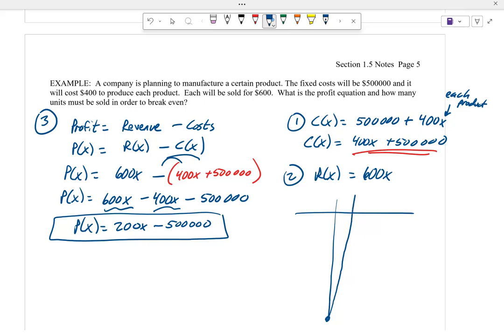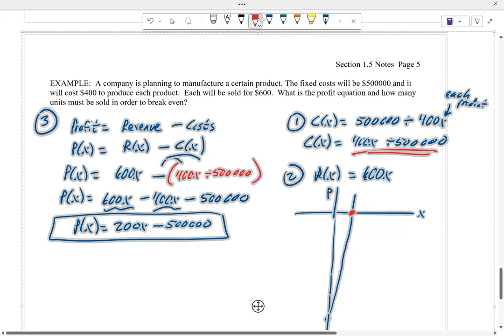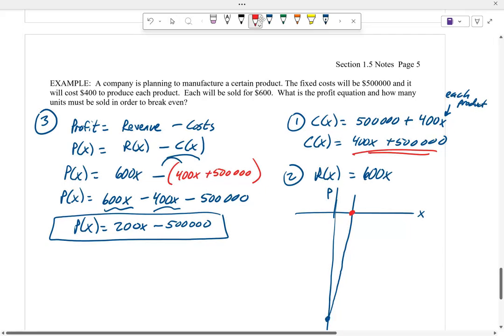This is x, this is our profit, P, profit is our y-axis, our vertical axis, right? We want to know this break-even point, right? We're running negative for a while until we sell so many of them, right? Well, what's our y value right there in red? 0, that's our profit. That's our y value, P of x.